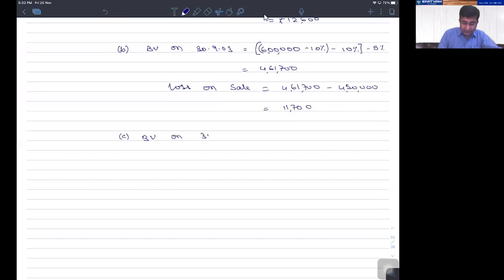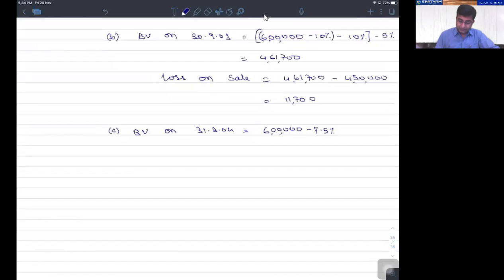on 31st of March 2004 will be equal to 7.5%. This will not come last, 7.5% will come first. Will be equal to what? 6 lakh minus 7.5%. Why 7.5%? Full year depreciation is 10%, so for 9 months it will be 7.5%, or not?